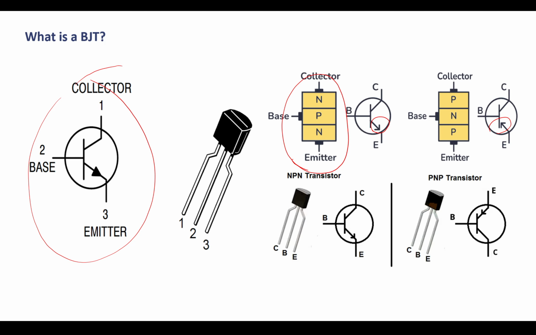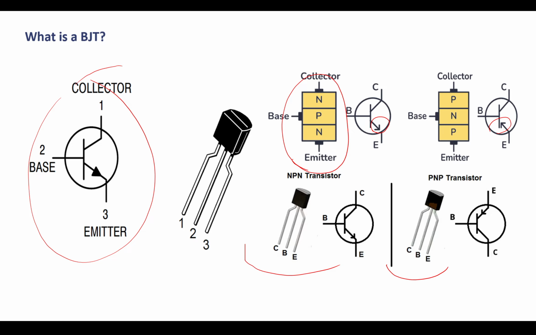Now, when you look at your BJT, you will see in the lab a component with 3 pins. That component has a flat face and a curved face.